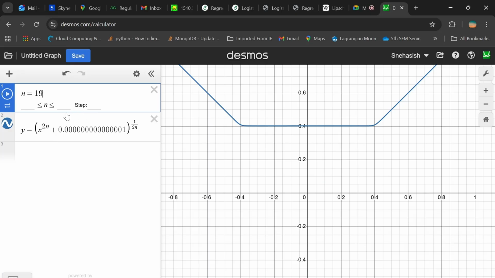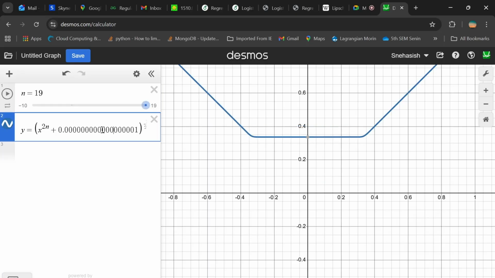Anyway, the point is you can add zeros to it, and then you can see that this function is differentiable entirely. But what we are trying to get at the end of the day is something that approximates y equal to mod of x. We are trying to approximate y equal to mod of x with a differentiable function.